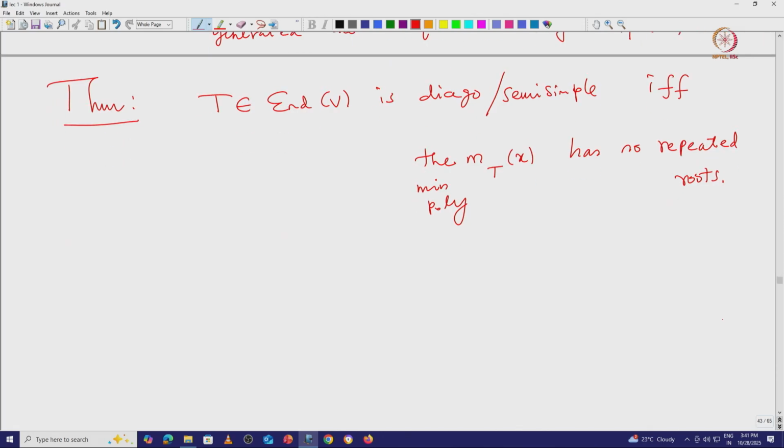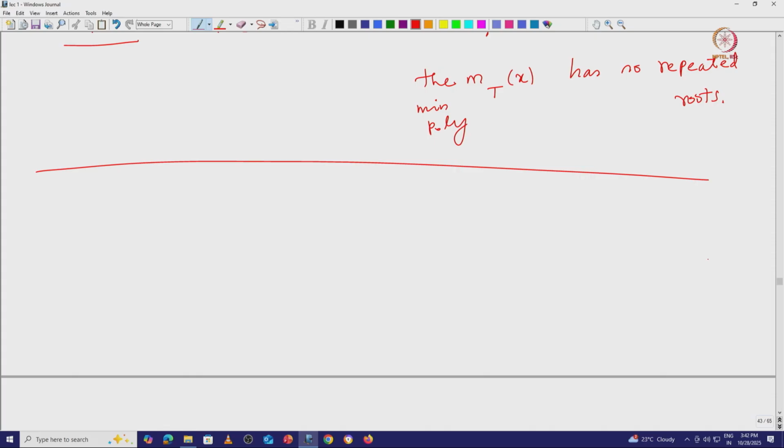So, this can be proved using the Jordan-Chevalley decomposition, that can be obtained by the primary decomposition theorem. So, let me just quickly state and outline the proof of the Jordan-Chevalley decomposition.